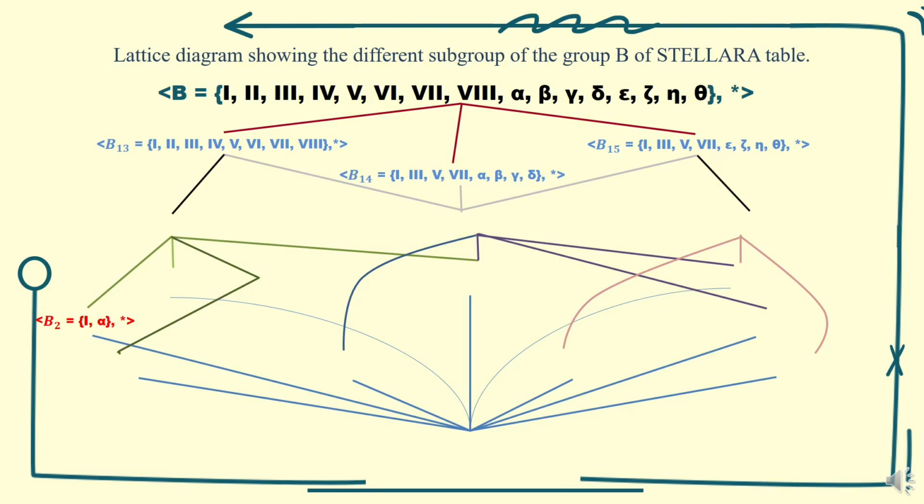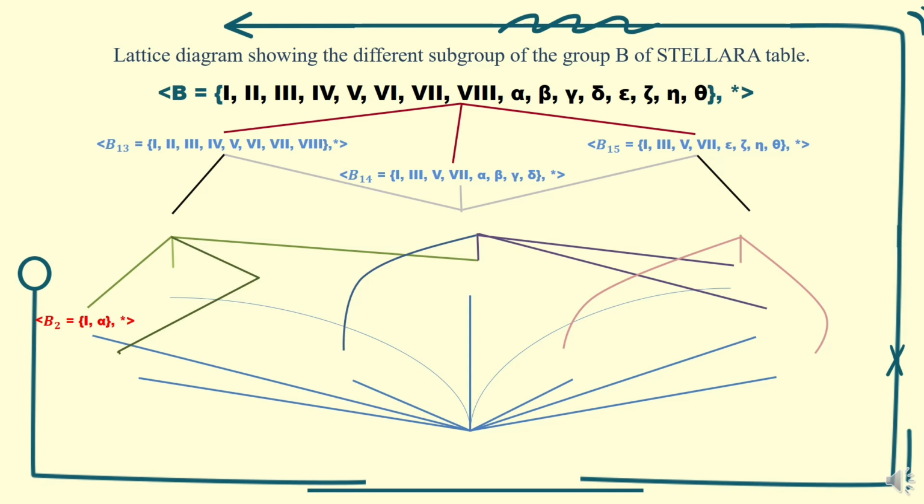And lastly, in 8 elements, we have B15 is equal to the set of 1, 3, 5, 7, epsilon, zeta, eta, and theta under the binary operation star is a proper subgroup.